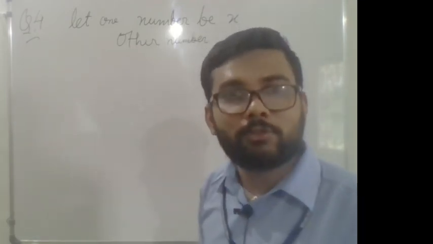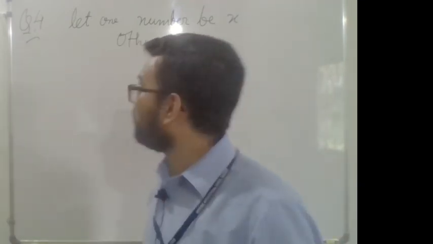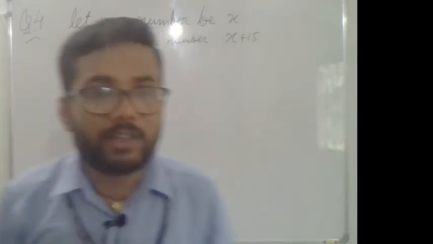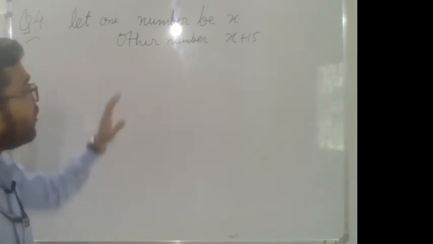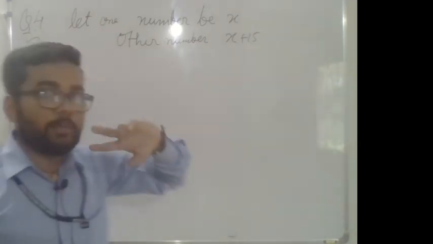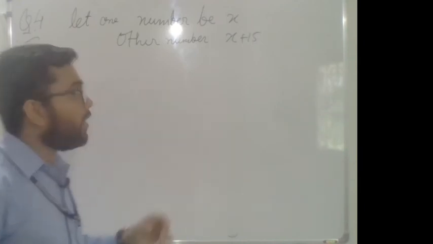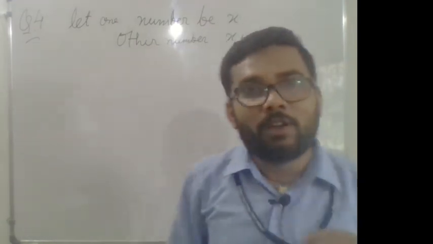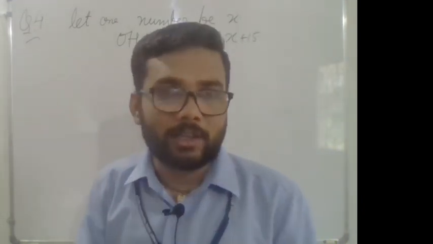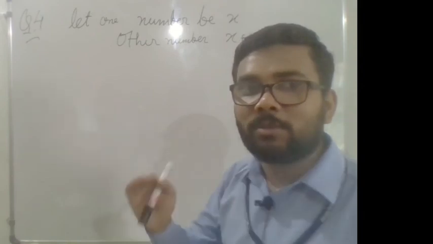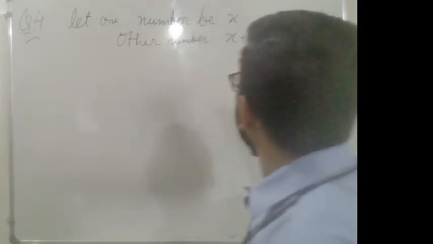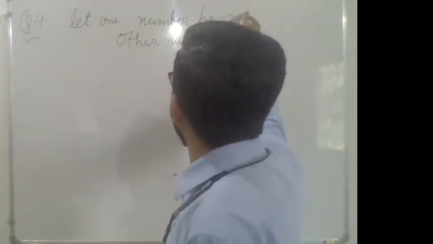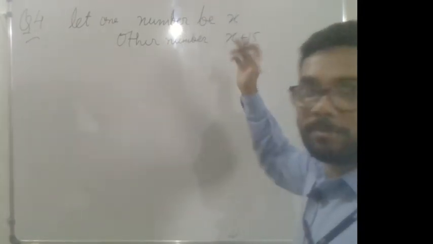One number exceeds the other number by 15, which means one number is 15 more than the other number. Now we will get two numbers, x and x plus 15, according to the question.